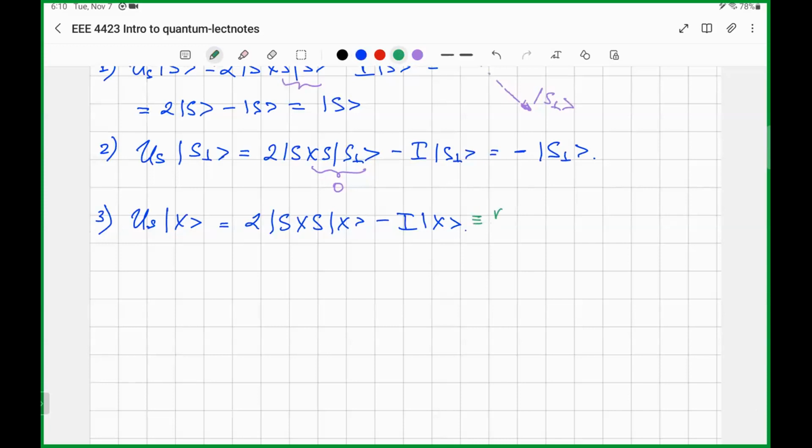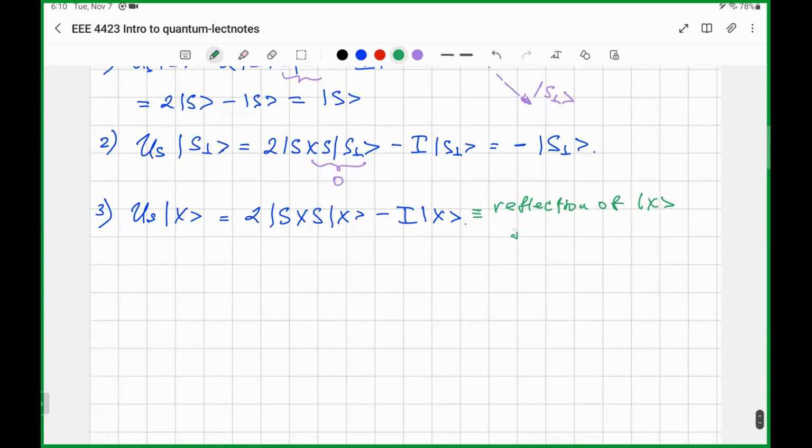So this is the reflection of the state of the vector X over vector S.